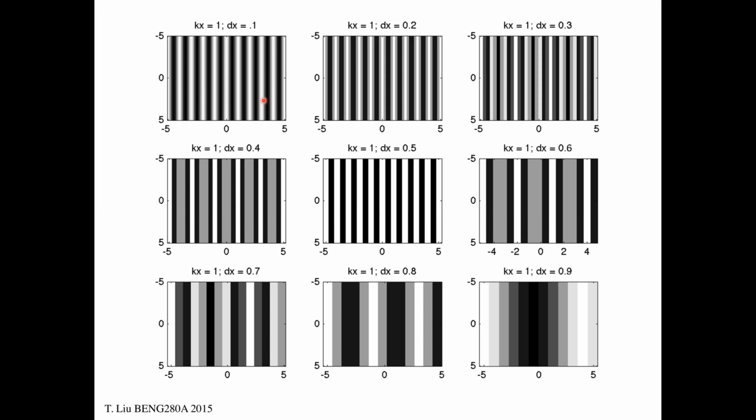The way this picture was made is the function was sampled 10 times per centimeter. So our delta x was 0.1. Kx, remember, of this function is 1. Right? And delta x is 0.1. That's what it looks like. Same function, and now let's make delta x 0.2.